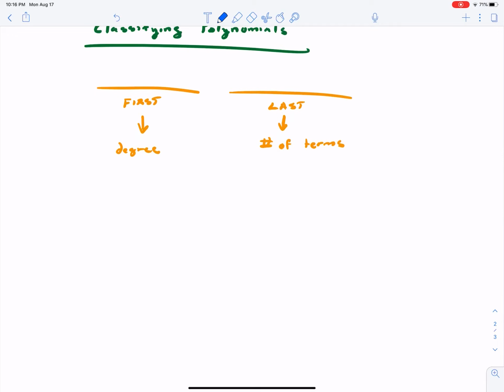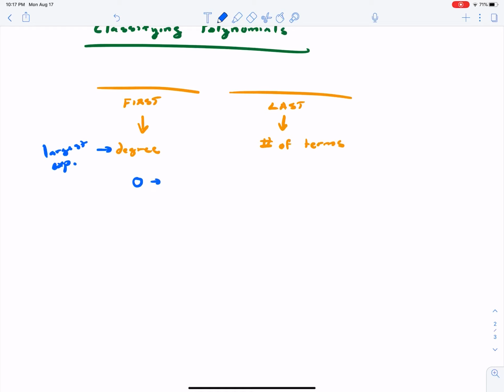So here's how you guys do it. This is a quick cheat sheet to it. So a degree, that just means the largest exponent. And again, you guys should be writing this down, okay? So the largest exponent, let's say, is a degree 0, okay?